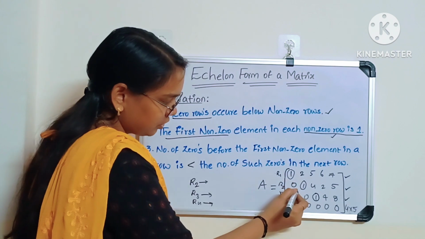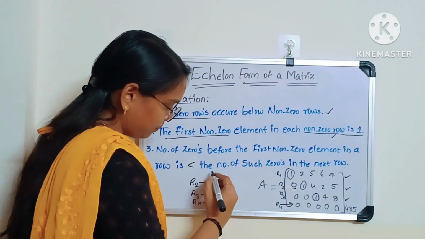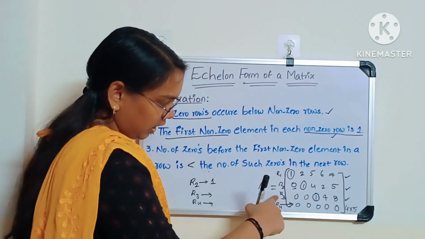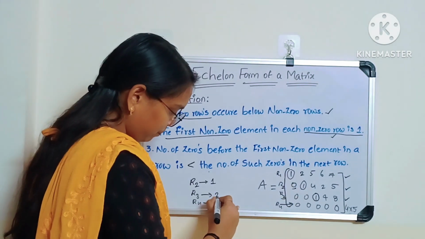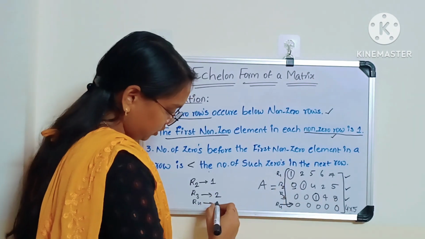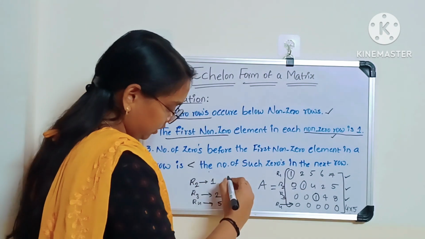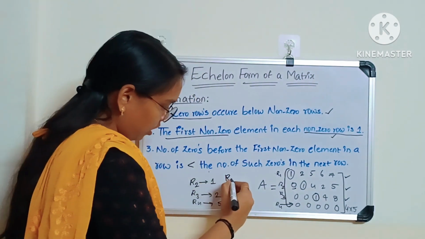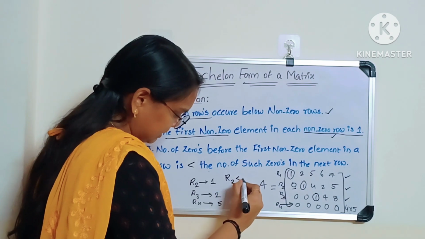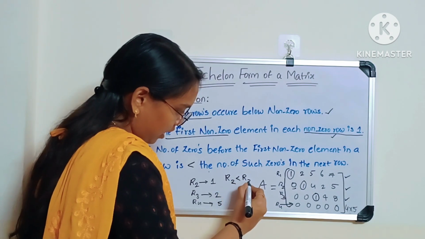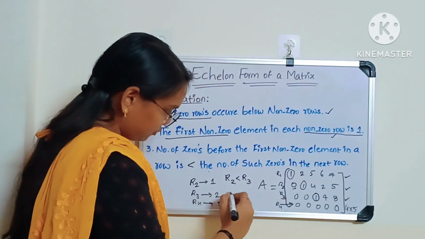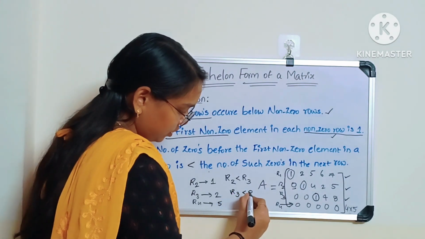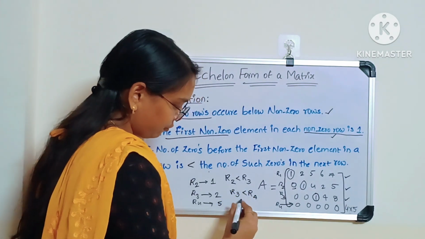In R2 there is only 1 zero, in R3 there are 2, and in R4 there are 5 zeros. So R2 has fewer zeros than R3, and R3 has fewer zeros than R4.